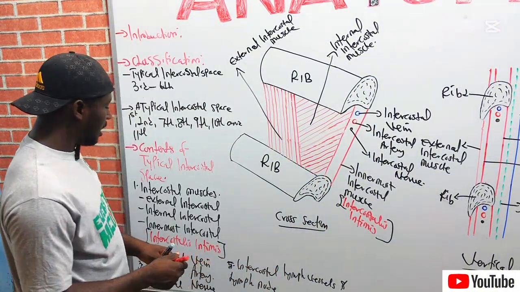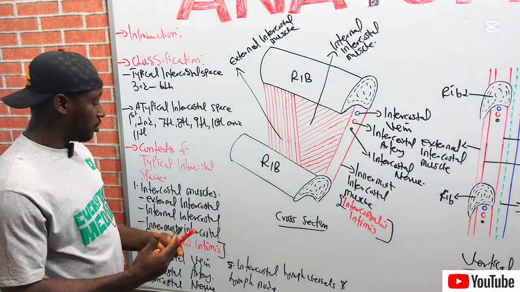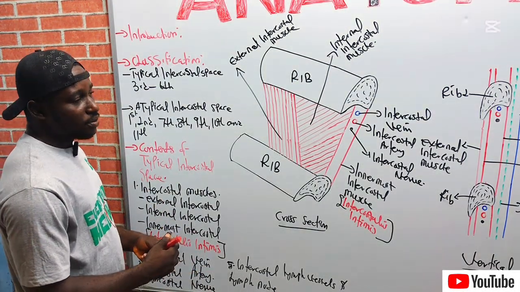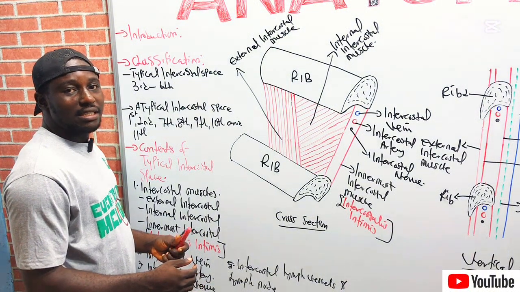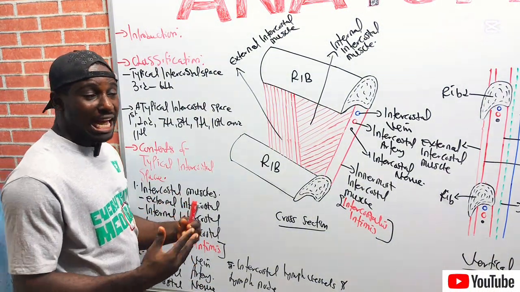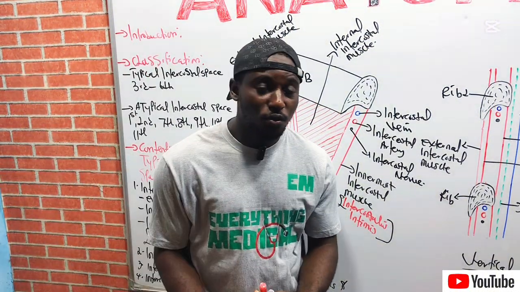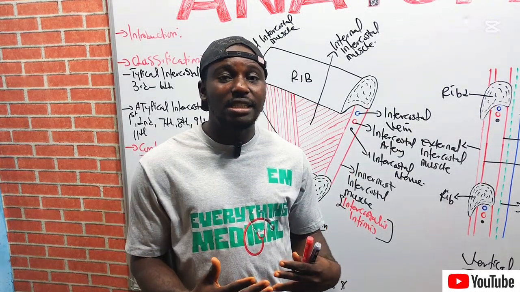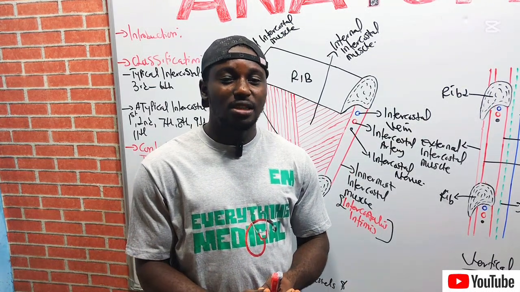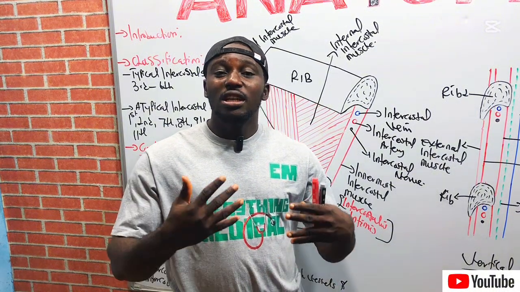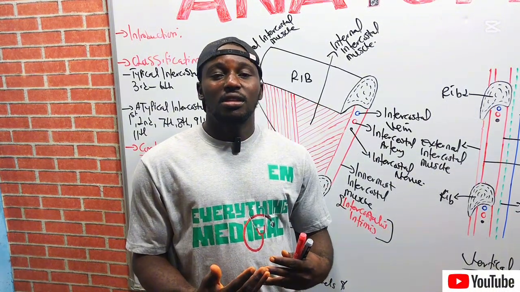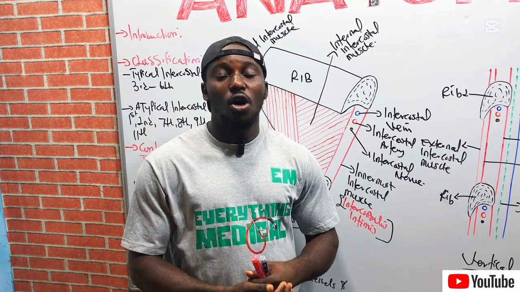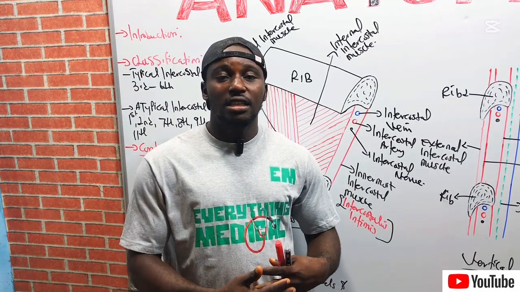Let's quickly look at the intercostal muscles, right? Let's appreciate it a little. You have to understand that the intercostal muscles are the group of muscles present in the intercostal space, which helps to form and also move the chest wall or thoracic cage, right?